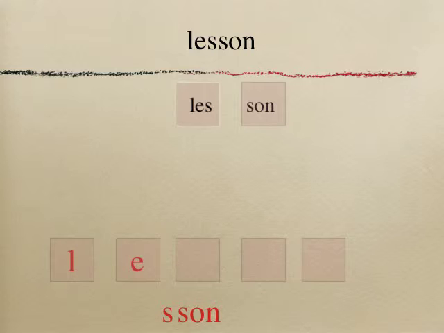And we know there's two of them there, so we're going to put them both in the same box. A little different sound there, but that's that O being nasalized a little bit. Lesson.